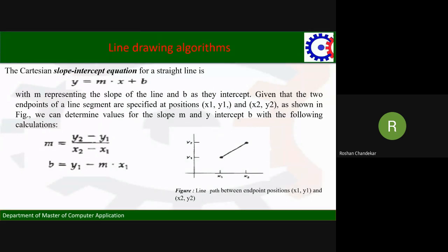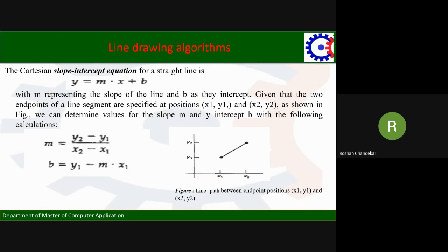Now what is m, and what is b? m represents the slope of the line, and b is called the intercept.